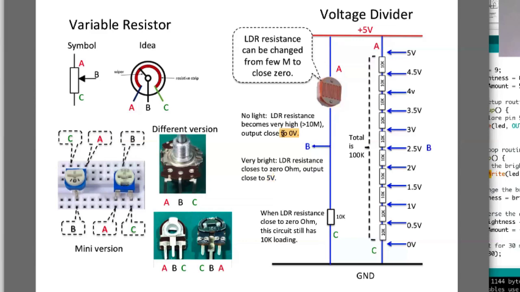So this is how you use this circuit to provide a so-called voltage divider. It divides the voltage, the analog signal, by a variable resistor or by this LDR, light dependent resistor, okay?